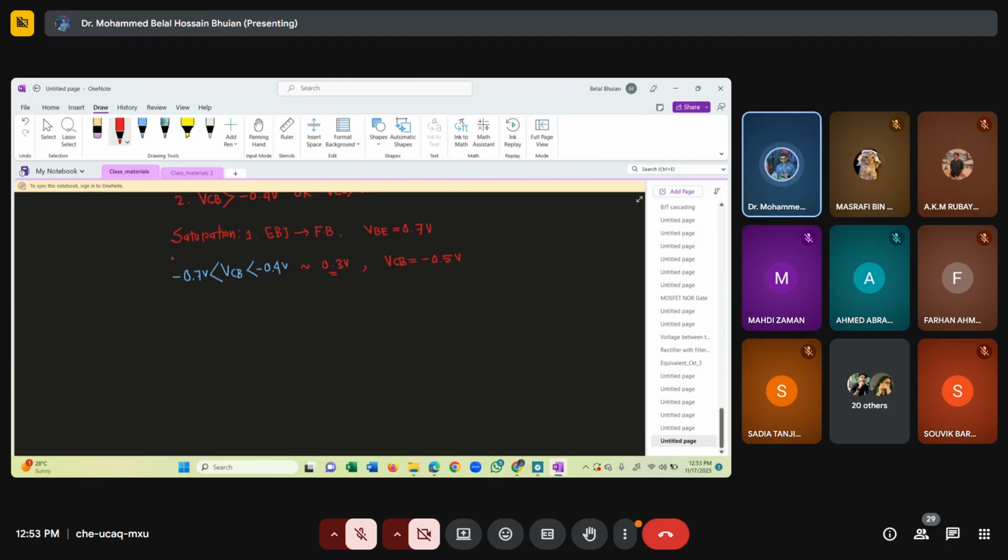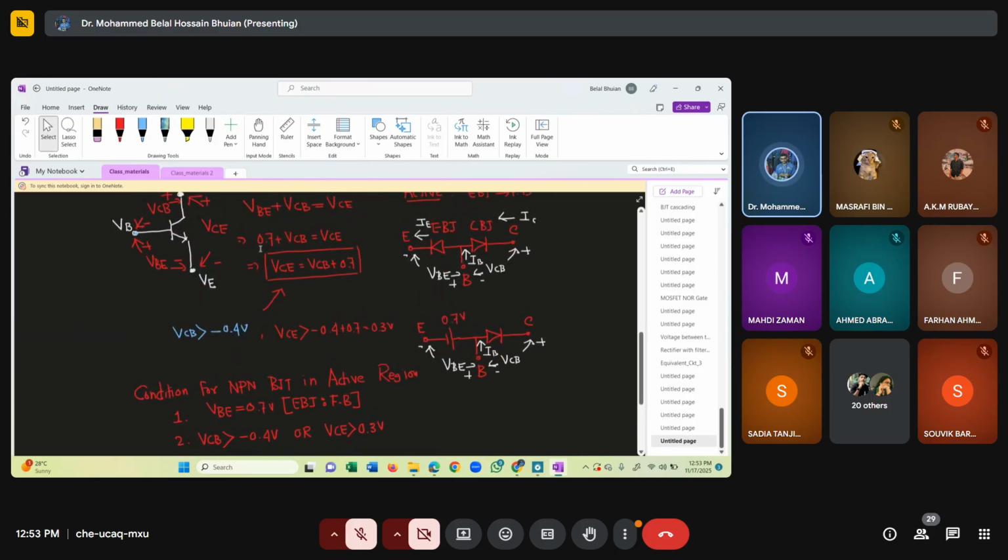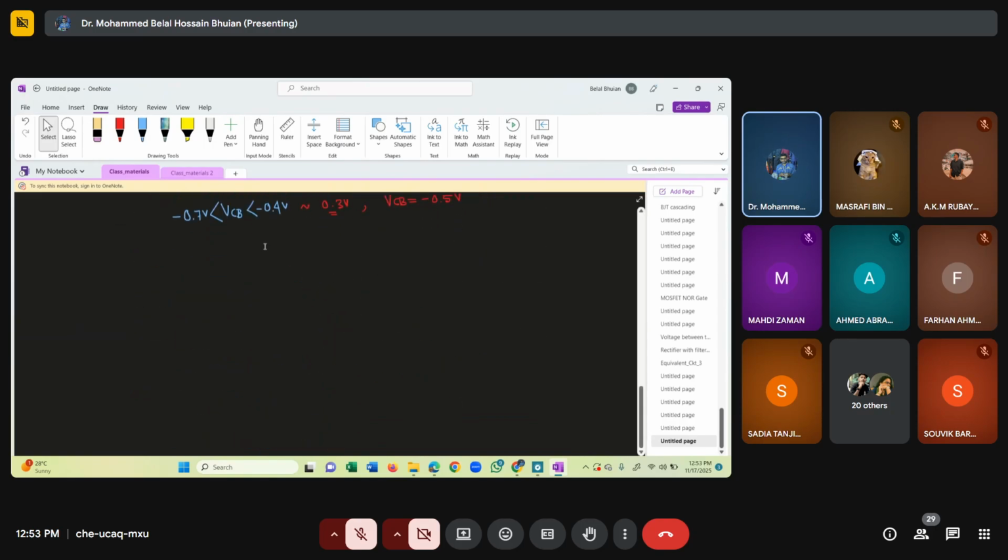Okay, if this is the case, then using this relationship, what should be the value of VCE? If you plug in the value of VCB, that comes VCE equals minus 0.5 plus 0.7, that is 0.2 volt. So what are the conditions?